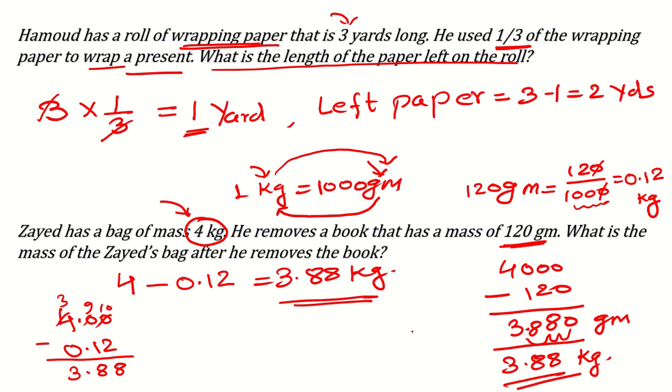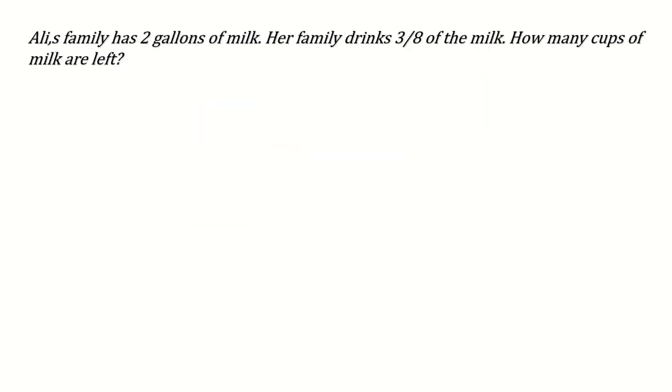Okay, like this. Now the next question can be: Ali's family has 2 gallons of milk. Her family drinks 3 over 8 of the milk. How many cups of milk are left? Now here you will need to understand how many cups are there in a gallon.